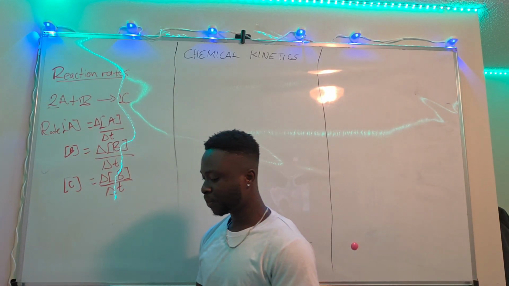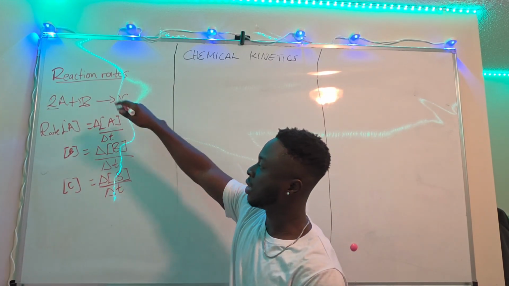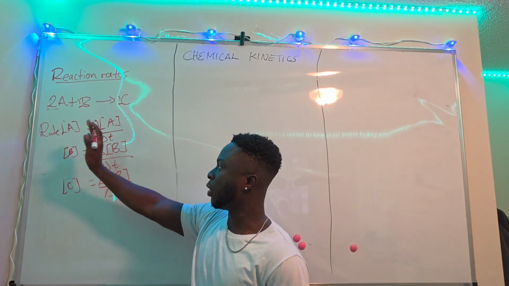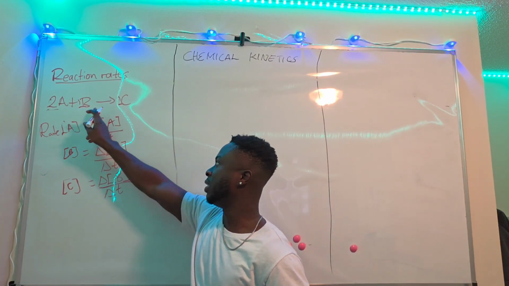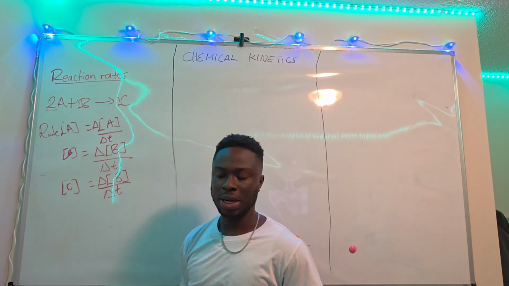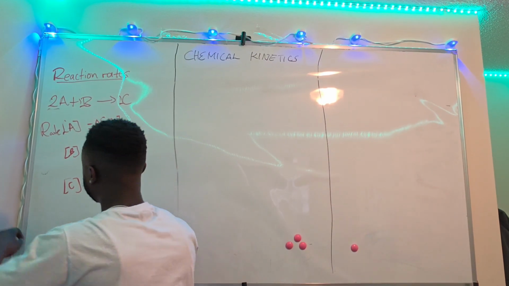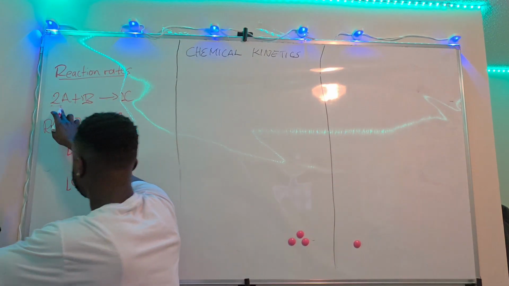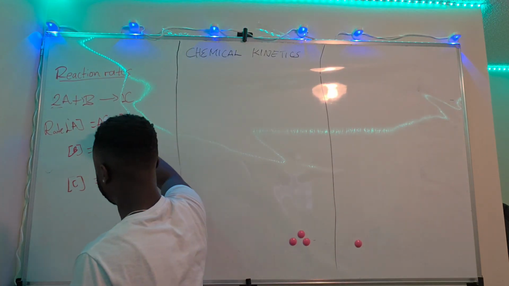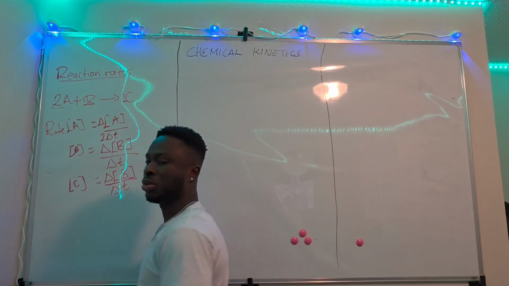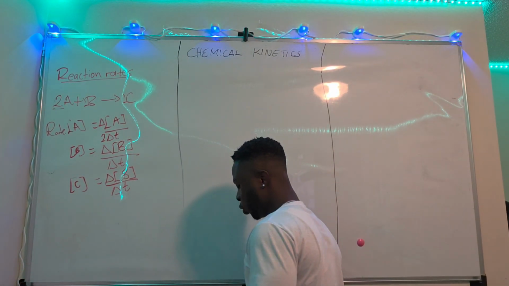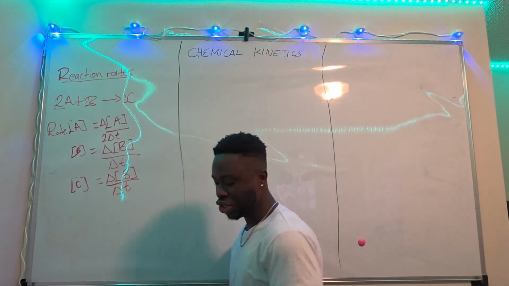So to write the rate of the reaction with respect to each of these reactants and products, with respect to A we are going to have 2.